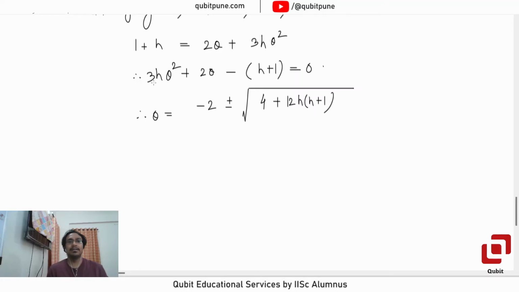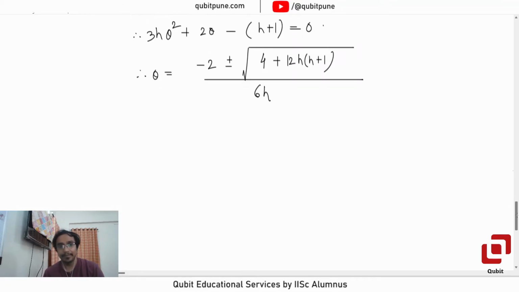That's our 4ac, 4 into 3 is 12, 12 into h into that. So 12h(h plus 1) with two negative signs: one in the formula of the quadratic equation, b squared minus 4ac, and one in here. So negative into negative first, upon 2a, 6h.